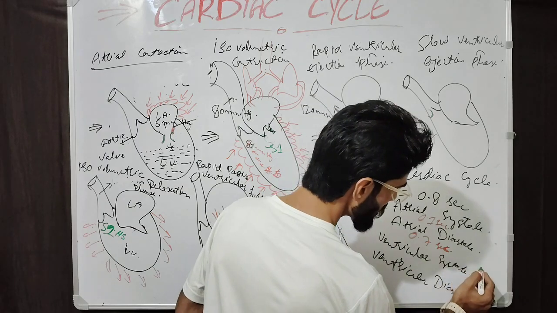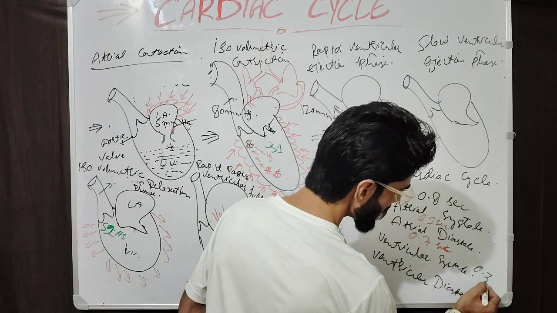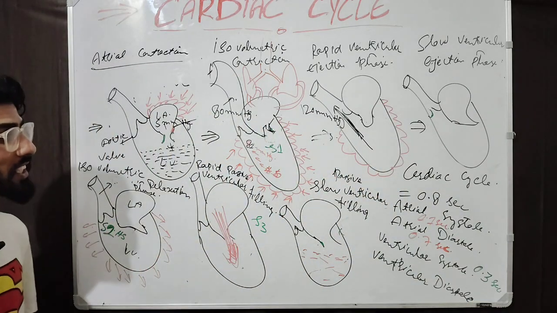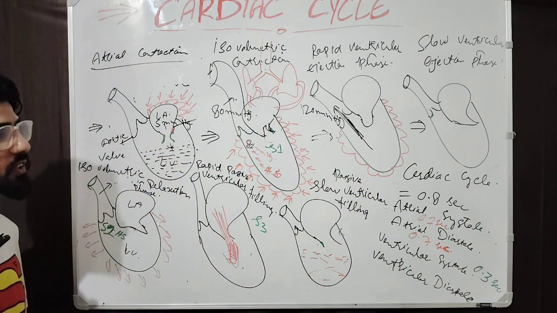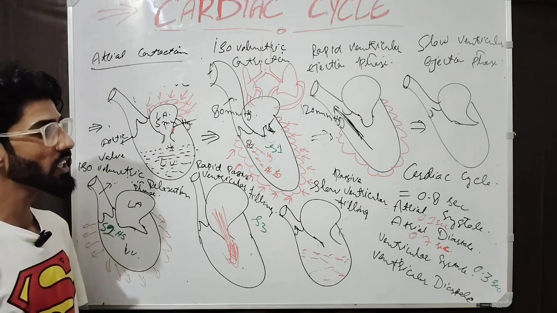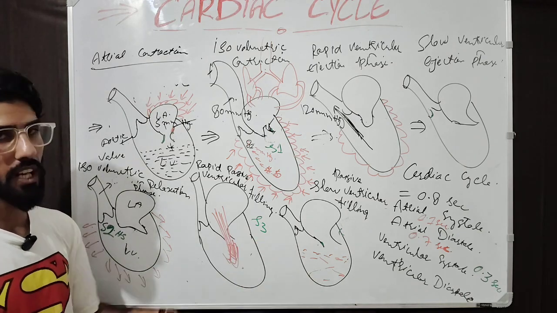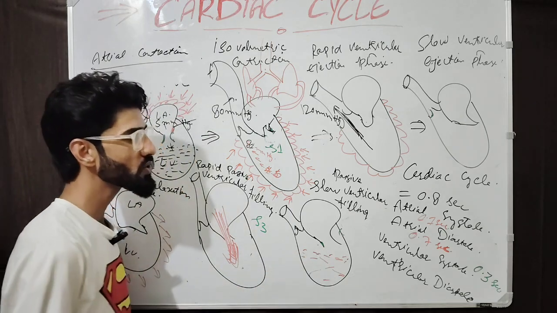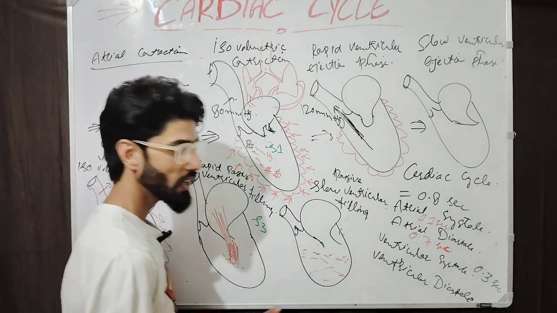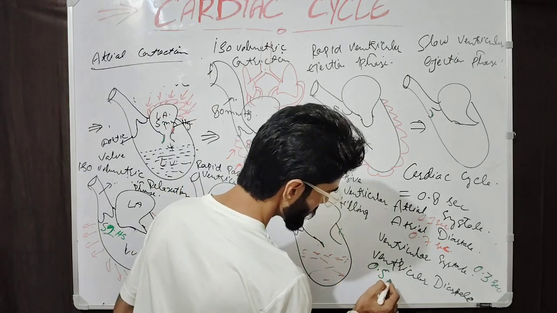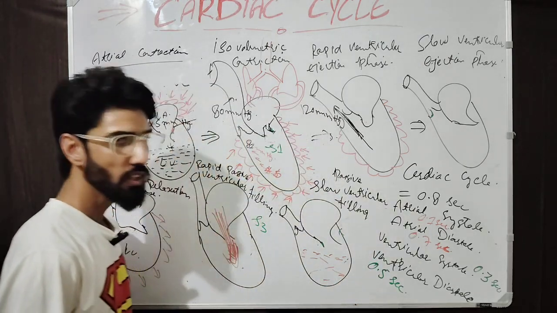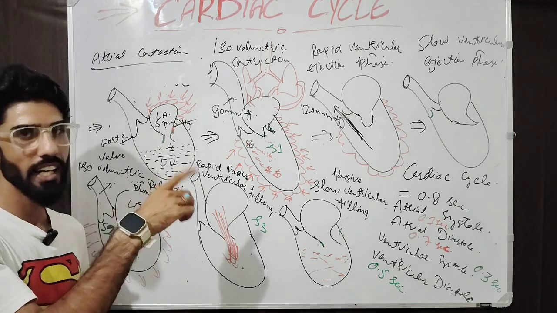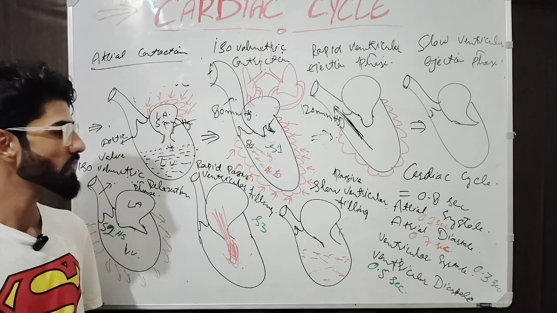Ventricular systole is around 0.3 seconds, both left and right ventricular contraction. Then ventricular diastole will last for 0.5 seconds. So the diastole phase is the longest phase in the entire cardiac cycle.